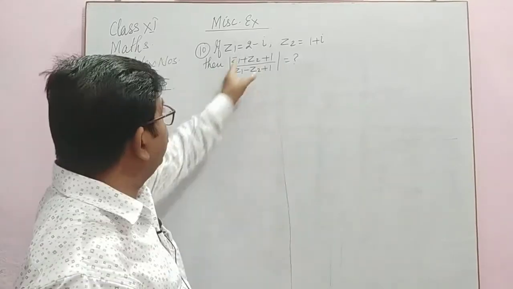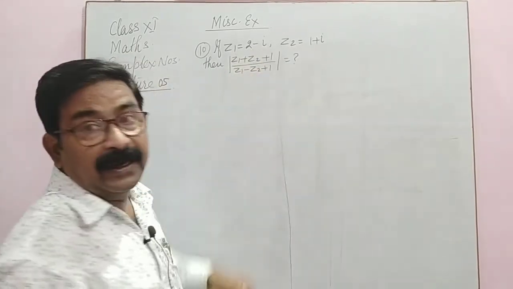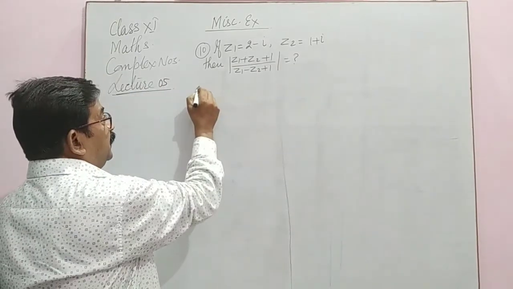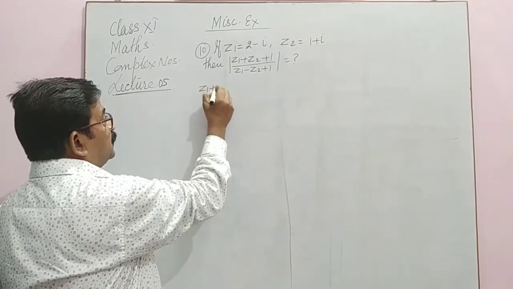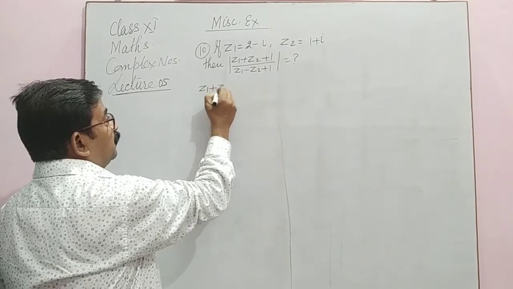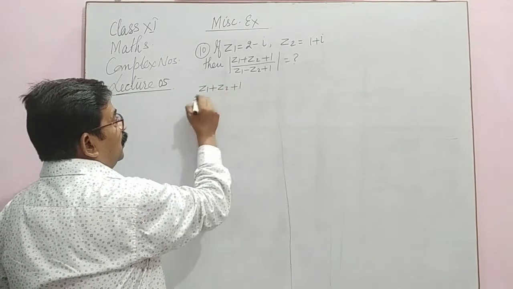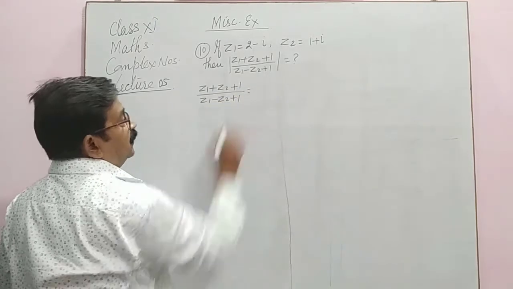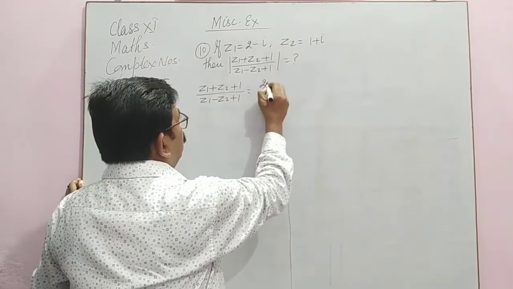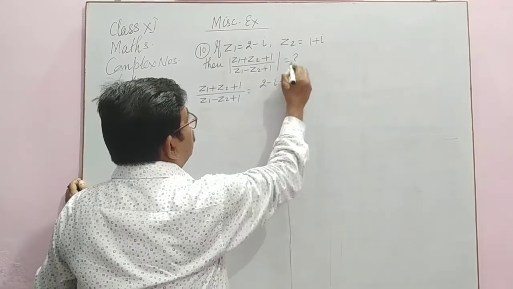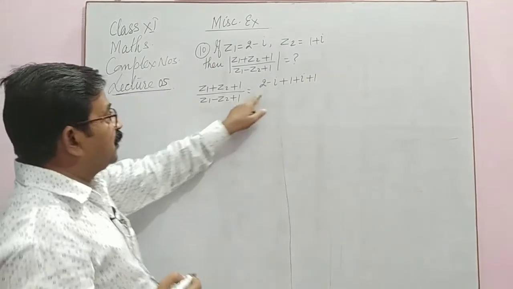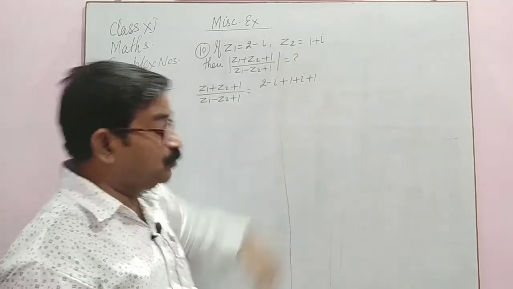First we have to find the value of this, and after that we will get the modulus of that. So I am finding (z1 plus z2 plus 1) upon (z1 minus z2 plus 1). The value of z1 is 2 minus i, the value of z2 is 1 plus i.